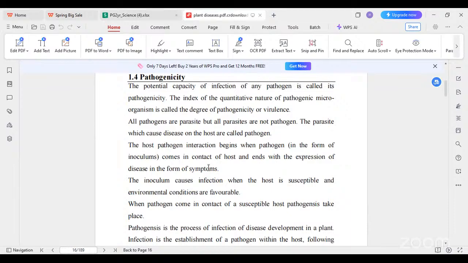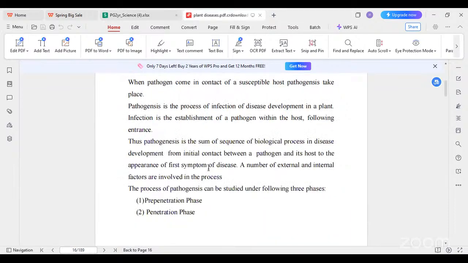When the pathogen comes in contact with the susceptible host, pathogenesis takes place. Pathogenesis is the process of infection and disease development in a plant, following the establishment of the pathogen within the host. It is the sum of a sequence of biological processes in disease development.